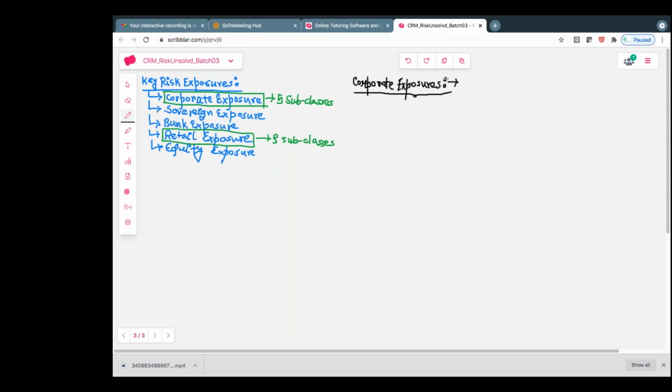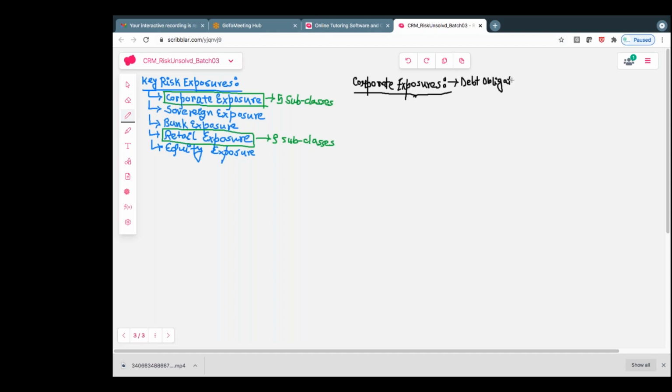So first, let's define a corporate exposure. At a very basic level, the exposure is nothing but a debt obligation. Now, what kind of a debt obligation, and to what kind of an entity do we get the debt obligations?